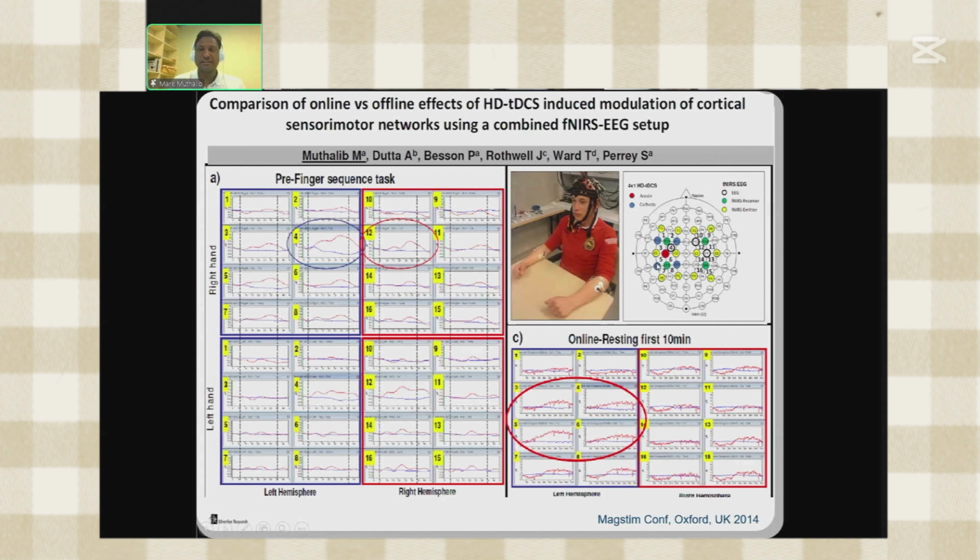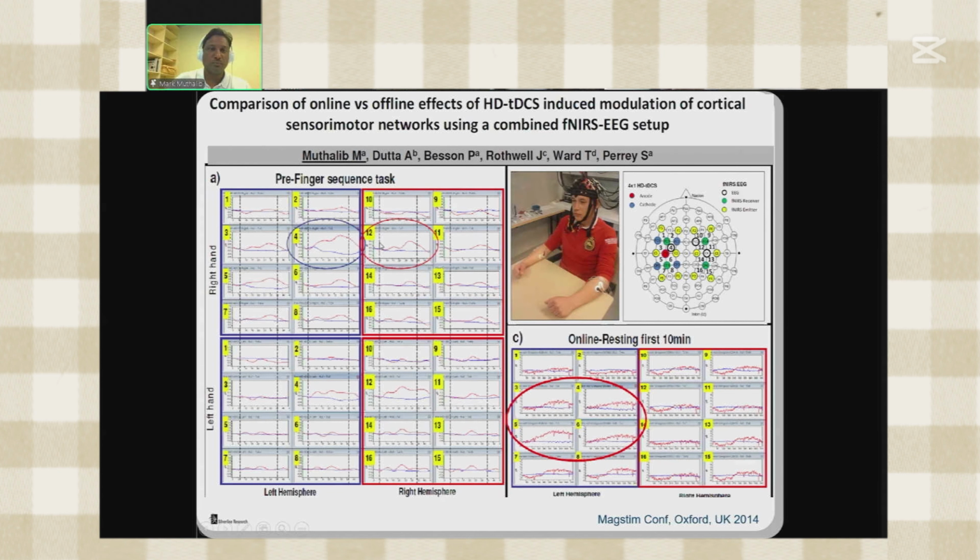So in this case, an anode in the center and 4 cathodes surrounding. That's the top right figure. And you have NIRS probes both outside the high definition and inside on the left hemisphere of the brain. And of course we had them on the opposite hemisphere as well, to see how the brain reacts to different motor tasks in this case.